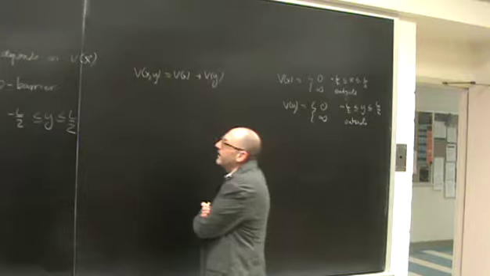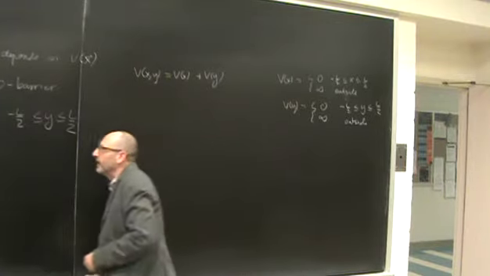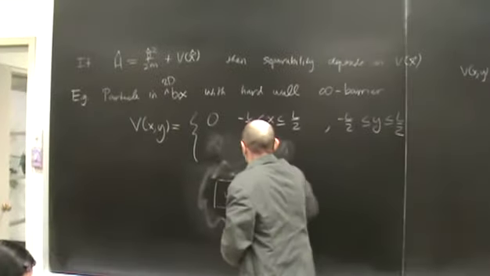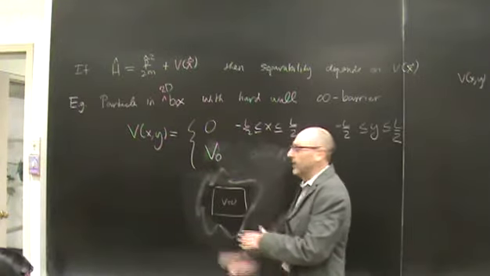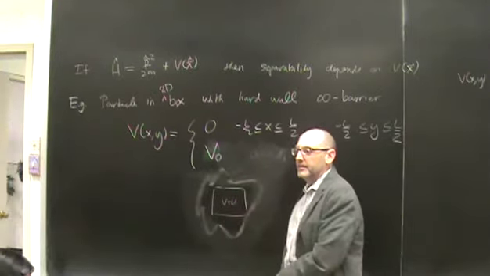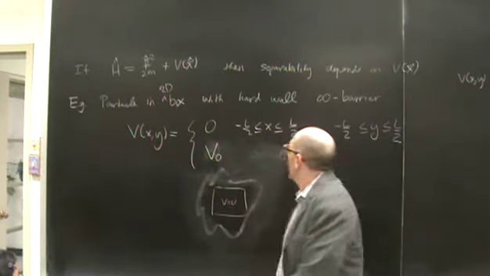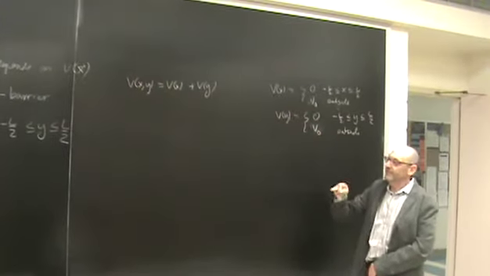What if I had a finite potential well? Suppose this were true. Suppose I had something like that, where everywhere outside here, the height is V0. Is this separable? I mean, what if I wrote this? Is this plus this that potential?